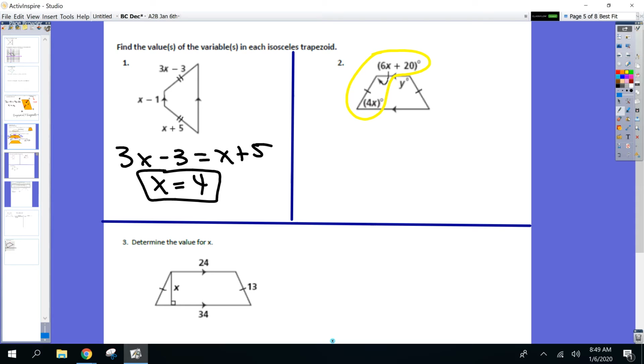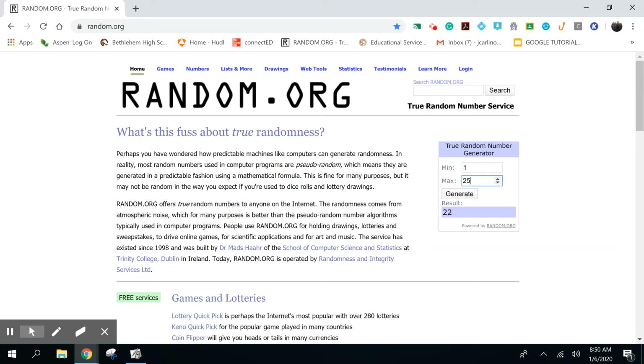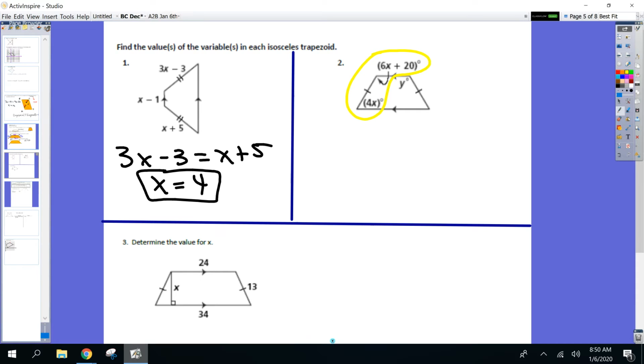Here we go, digging deep. Period 1 got it, just throwing that out there for the challenge. What type of angles are those if those lines are parallel?